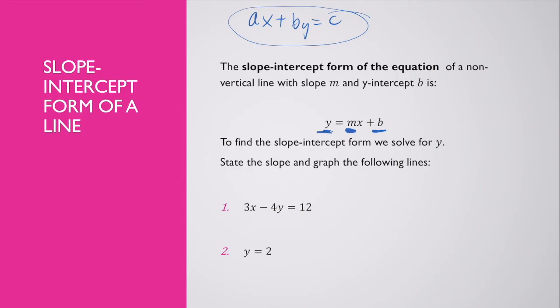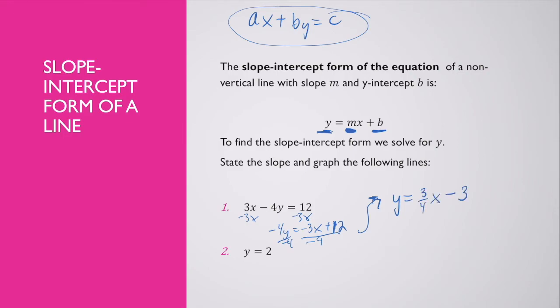If I have 3x minus 4y equals 12, I subtract 3x from both sides and get negative 4y equals negative 3x plus 12. Then I divide both sides by negative 4. Y equals positive 3/4 x minus 3.